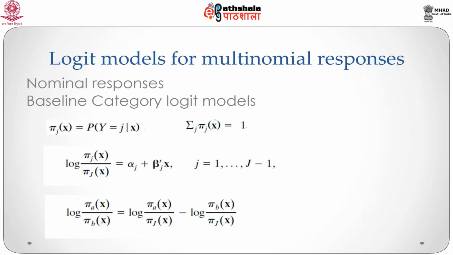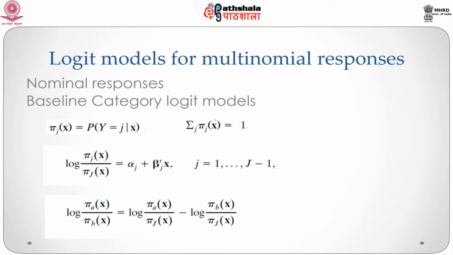The baseline category logit is then given by log of pi_j(x) over pi_J(x) is alpha_j plus beta_j prime x for j equal to 1 to capital J minus 1. Note that we have assumed that the last category, which is capital J, is our baseline category.